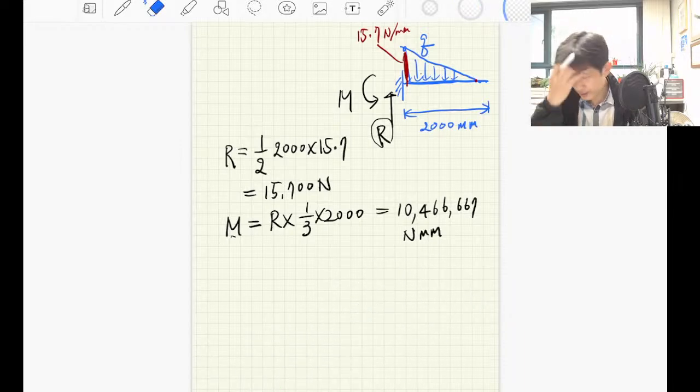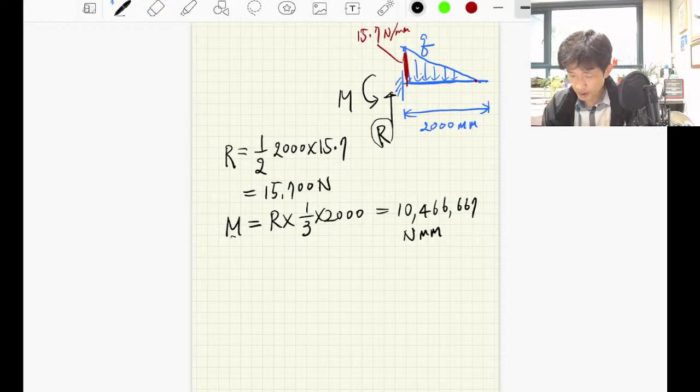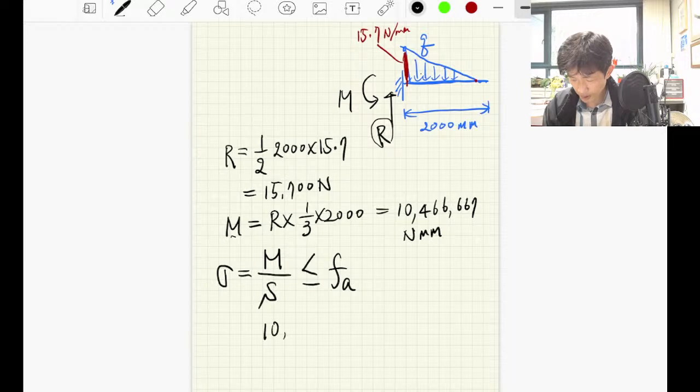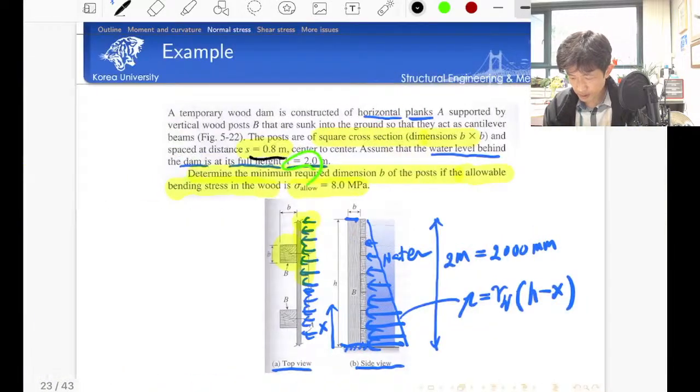Okay, so now let's determine the cross section. My normal stress should be calculated by the bending moment divided by the section modulus, isn't it? It should be equal to or less than the allowable strength value. So we have the moment, 10,466,667, divided by the allowable strength. Where is the allowable strength?